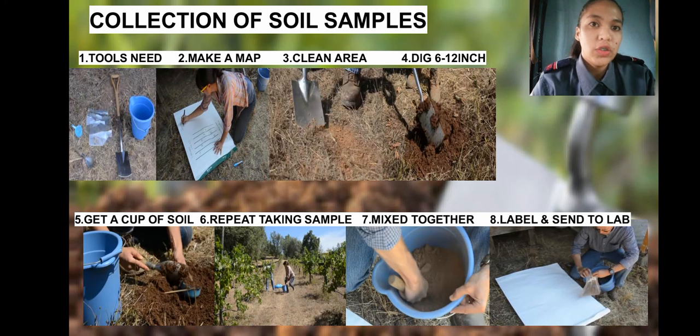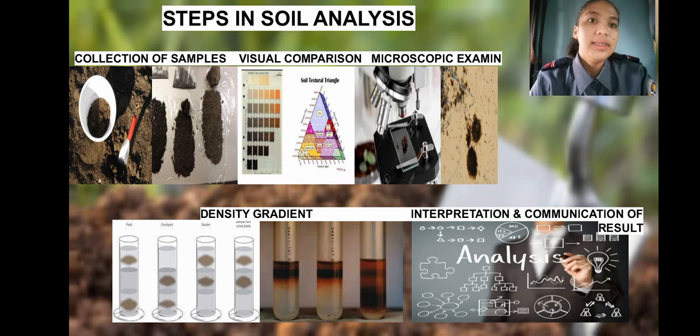So, next po ay ang steps in soil analysis. So, meron tayong 5 dyan, which is the collection of sample, the visual comparison, and the microscopic examination, the density gradient, and the interpretation and communication of result. So, unang-una dyan ay ang collection of samples.